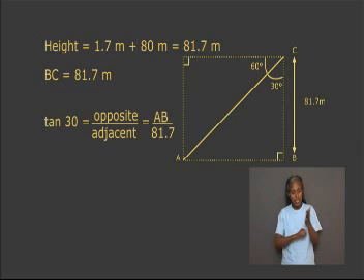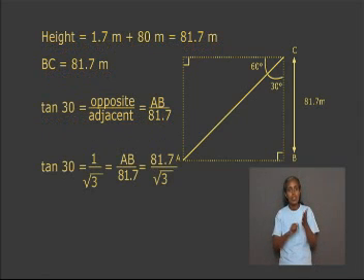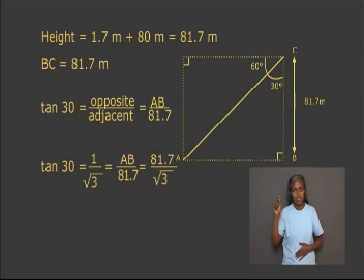Tangent of 30 degrees is equal to AB over 81.7. Tangent of 30 degrees is 1 over the square root of 3. When we solve for AB, we get 81.7 divided by the square root of 3.